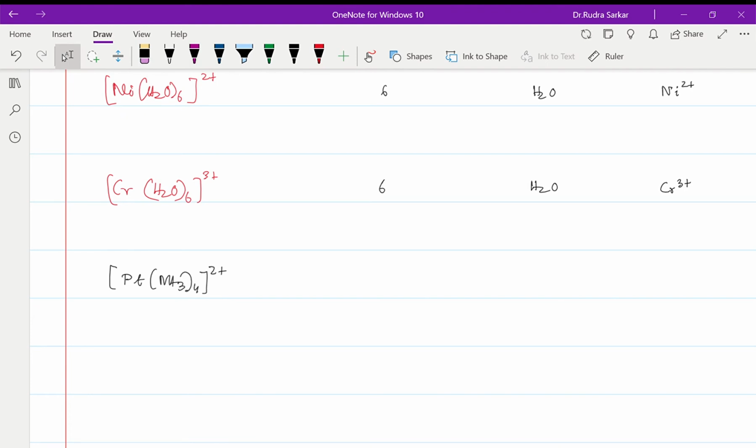Sir, 4, sir. Ligand? Central metal ion? Pt 2 plus.